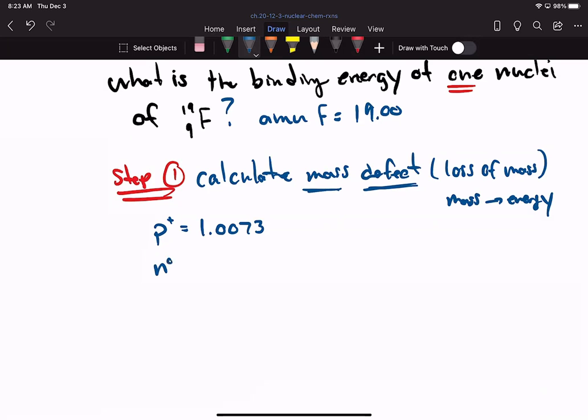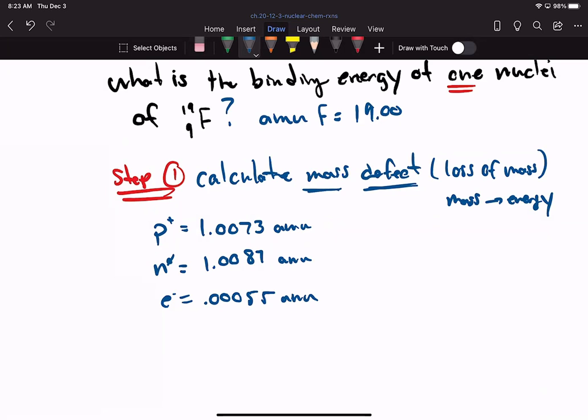And we're going to say that neutrons are equal to 1.0087 and electrons 0.00055 AMU. All right.